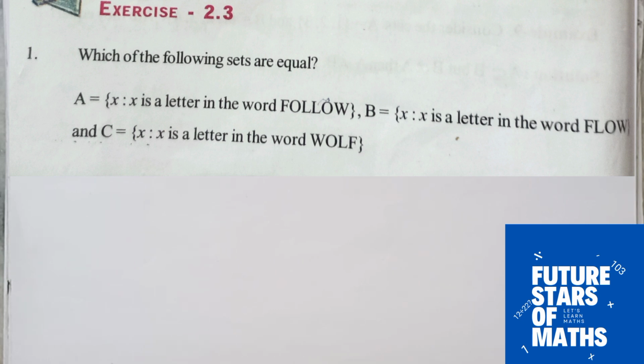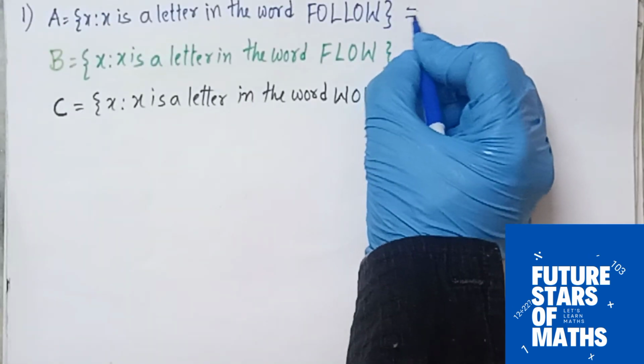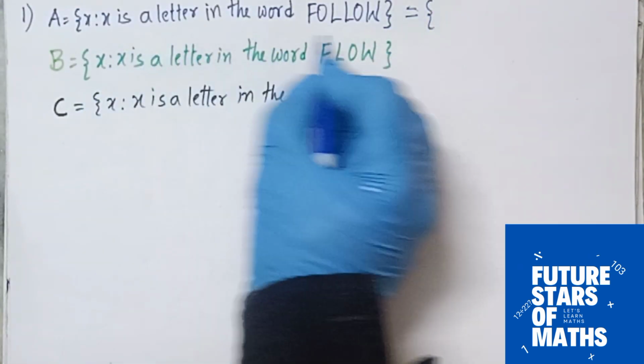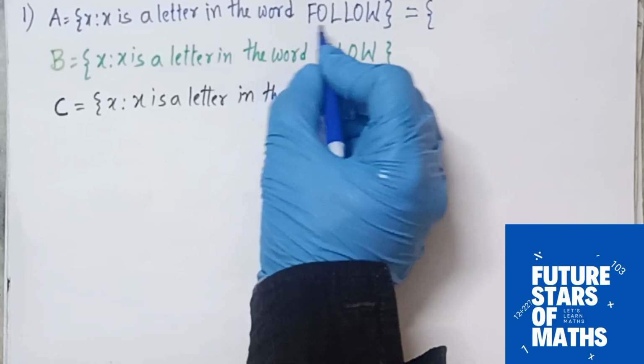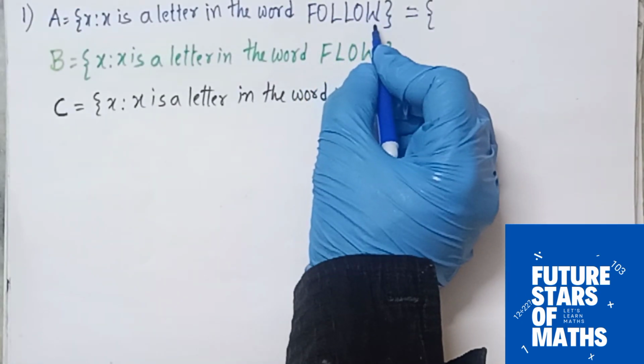What is the set A? The first set is A equal to {x such that x is a letter in the word FOLLOW}. So what is the word given? Follow. We have to write it in roster form. It is given in set builder form. So when we write, we have to write all these letters separately.